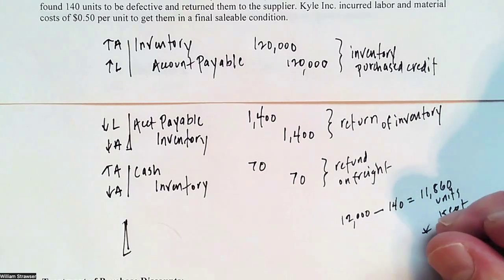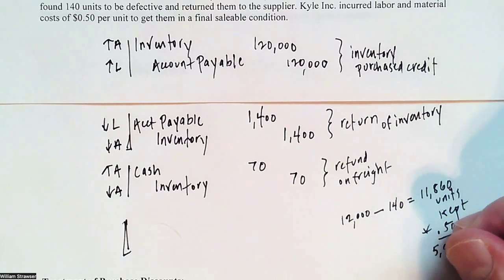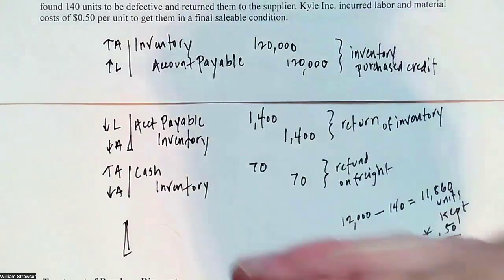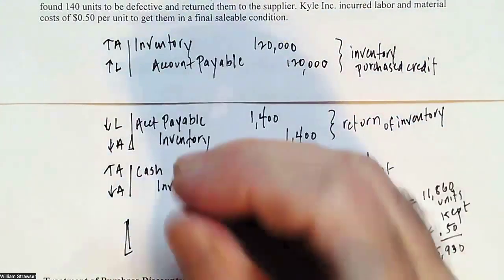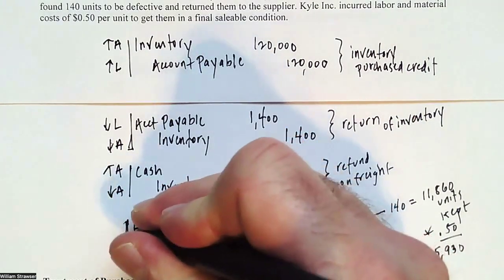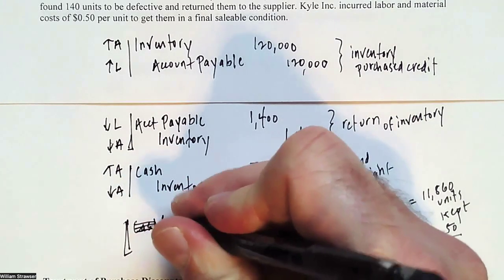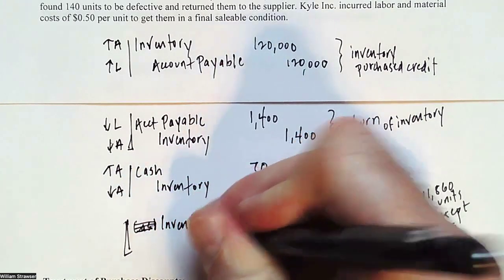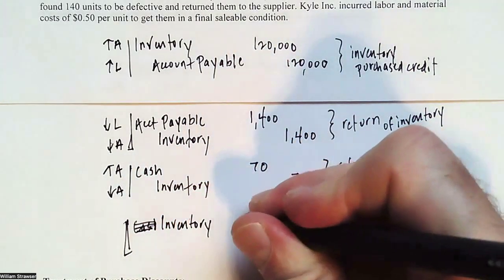That's an additional cost that would go into my inventory account. Let's assume that we had to pay cash for that. We paid cash and we put this into the inventory account with a debit.